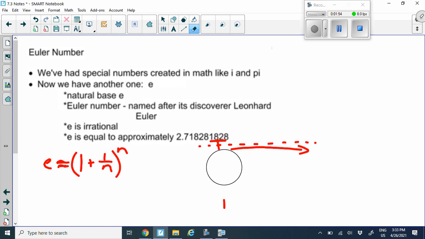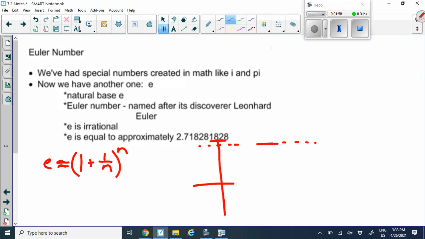I should redraw this. So let's say n equals 1, okay? Well, let's say our n is 0. That's the easiest. So our value is going to be 1, because anything to the 0 power is 1.